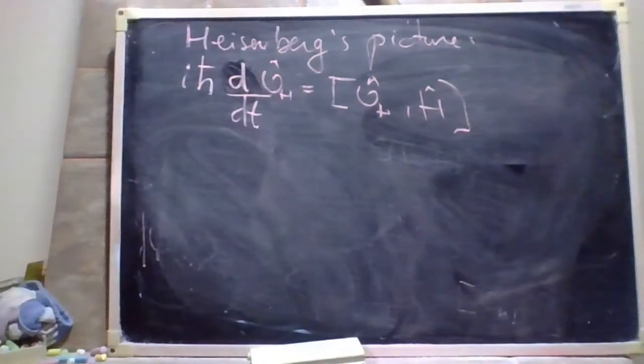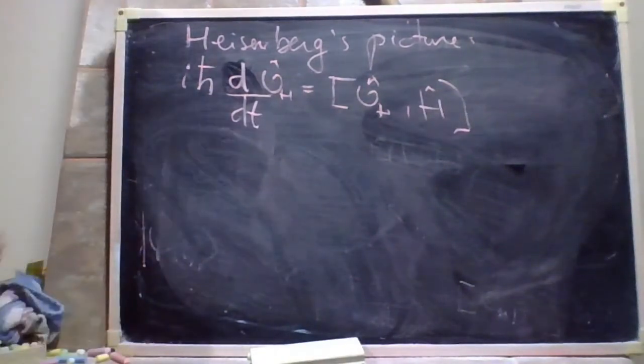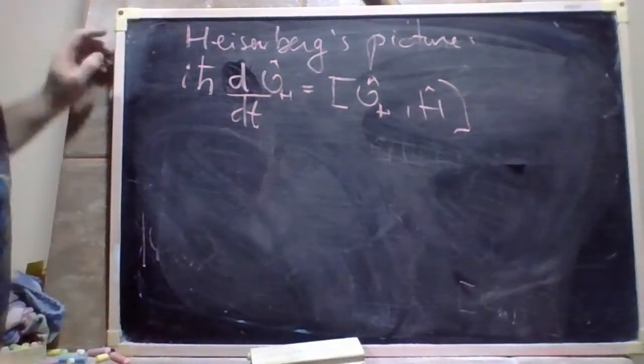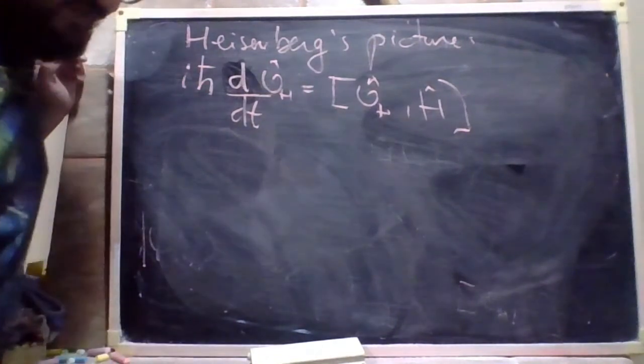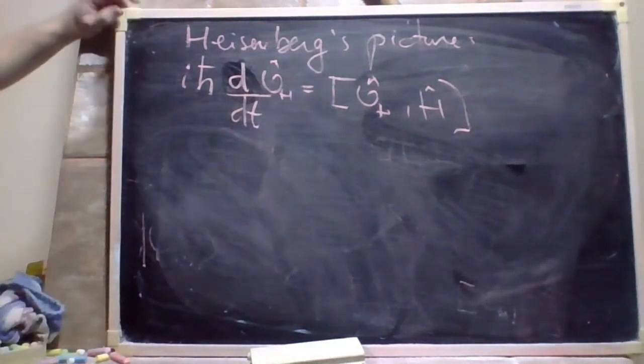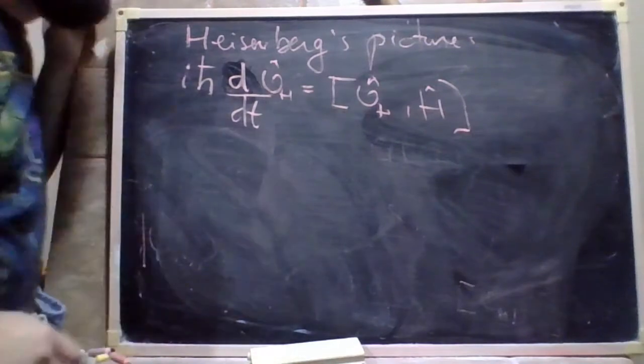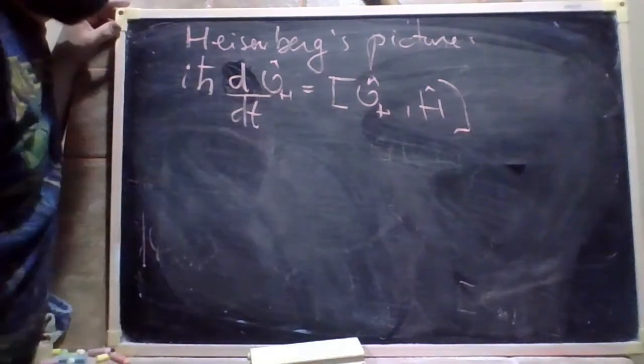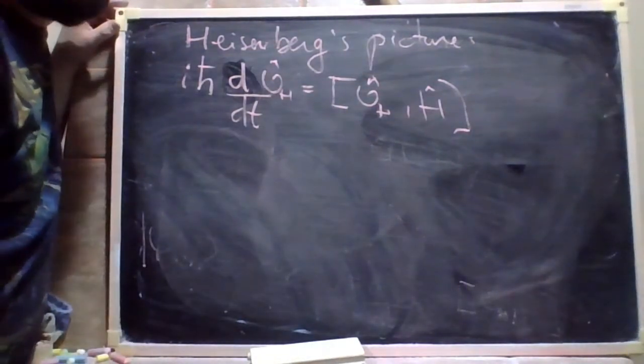Things that don't change in time have total derivatives equal to 0 with respect to time.